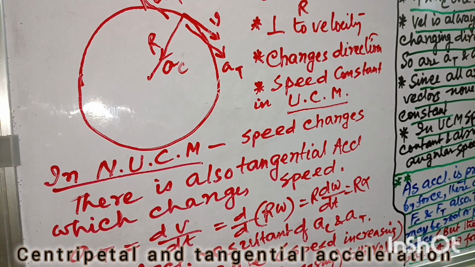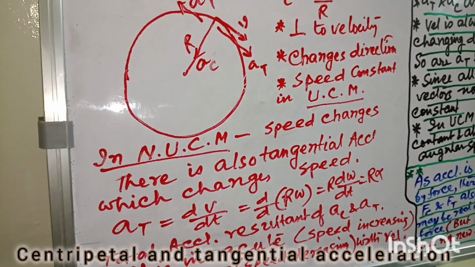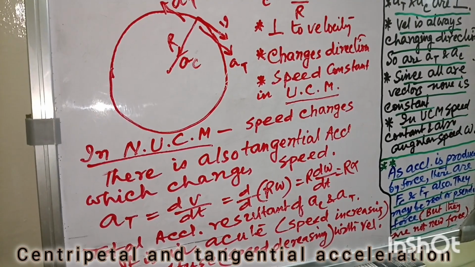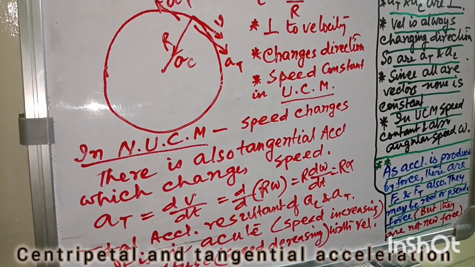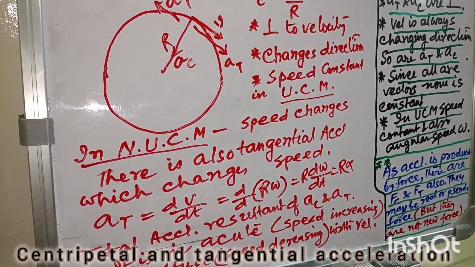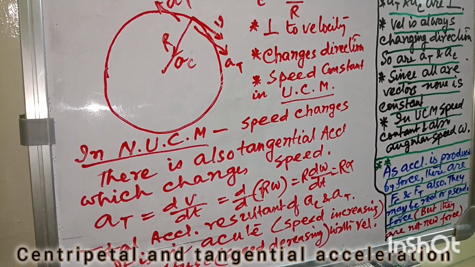And mathematically we write AT is equal to dv by dt, meaning rate of change of speed, or it is equal to d by dt of r omega, because v equals r omega, where omega is the angular speed. That means it becomes equal to r into d omega by dt, which is equal to r alpha.